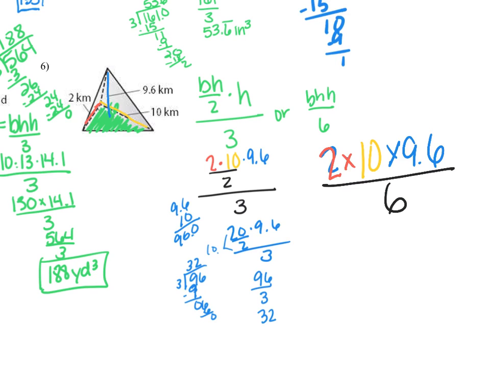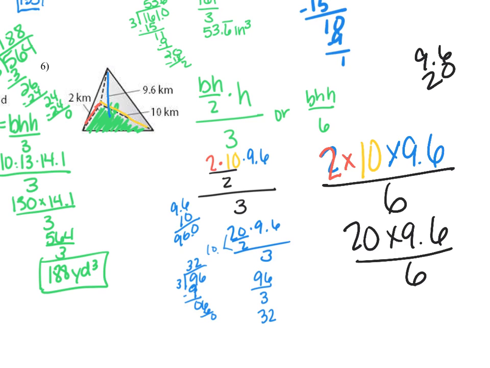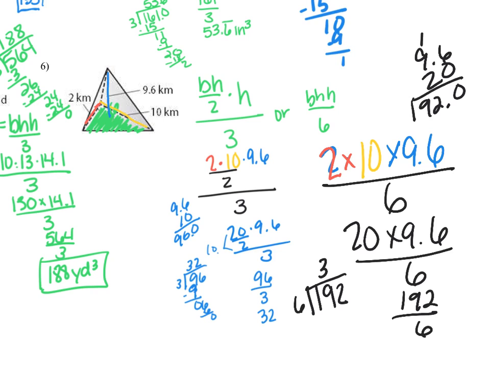So 2 times 10 is 20. 20 times 9.6 divided by 6. So 9.6 times 20, I got 192. 192 divided by 6 is 32. So either way, it works out.